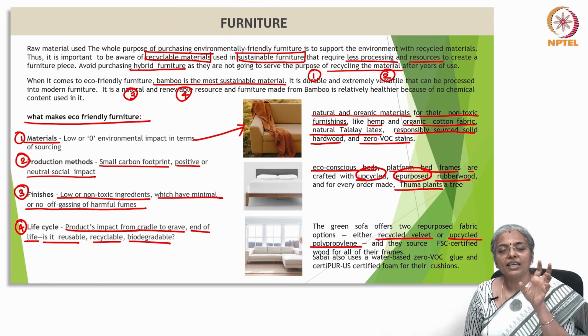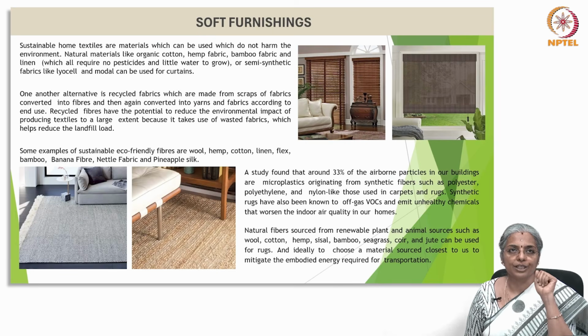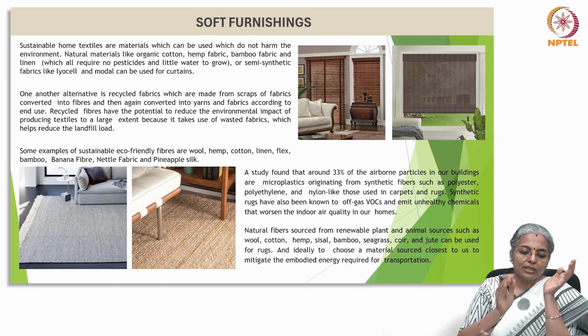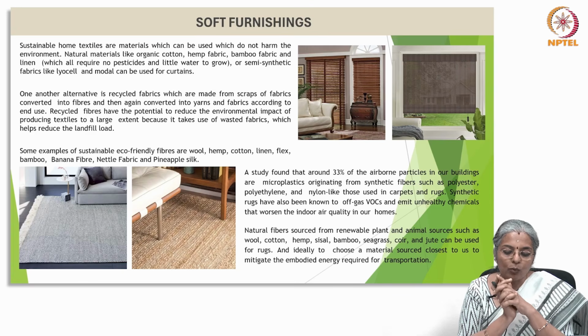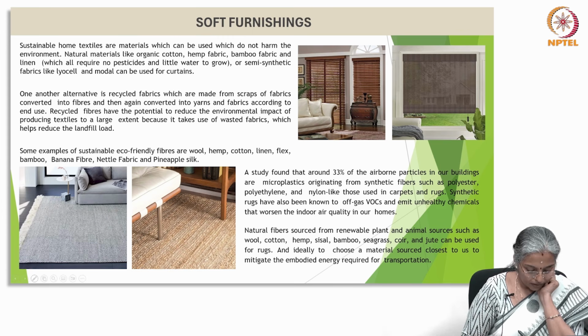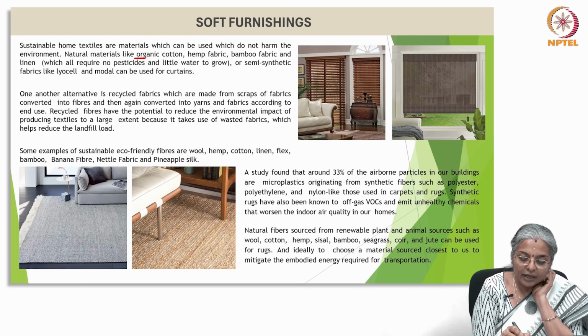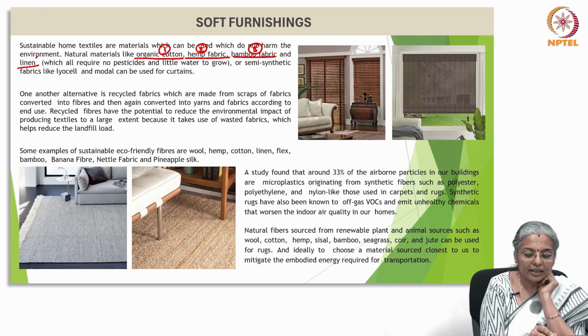Then we look at the soft furnishings also. What are the options of soft furnishings? So, sustainable home textiles can use materials that do not harm the environment, and they can be organic cotton, hemp fabric, bamboo fabric or linen.